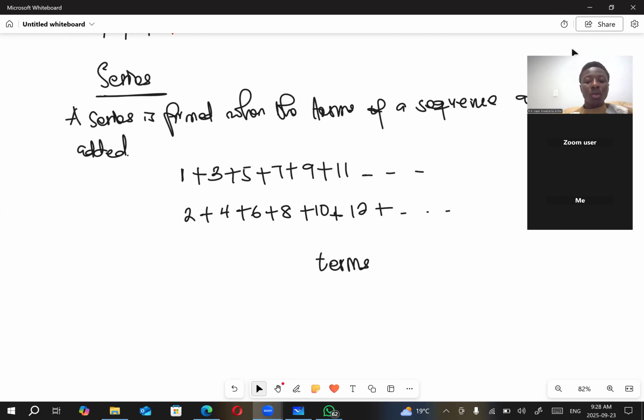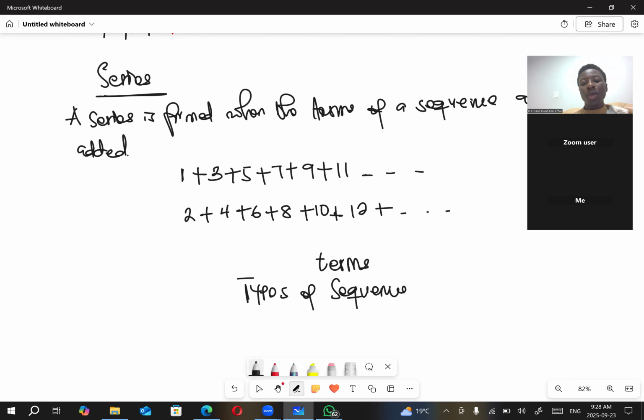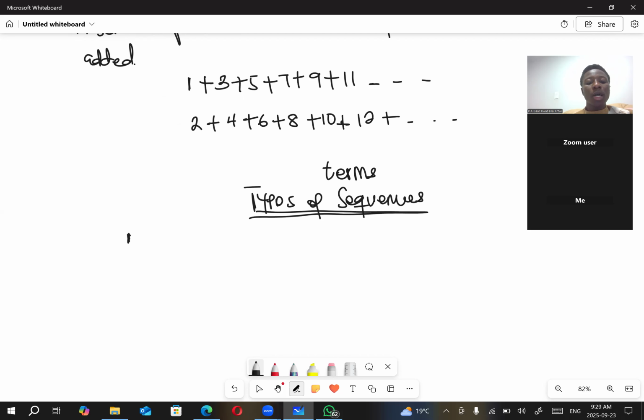Okay, so let's look at types of sequences. So we have two types of sequences. Who can name them? Who has a clue of what they could be?